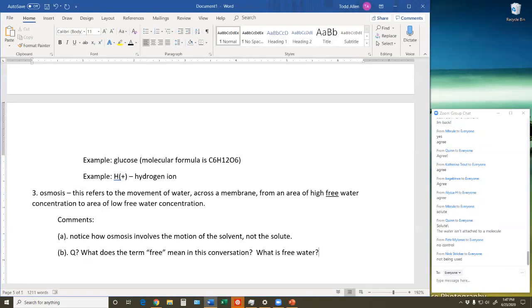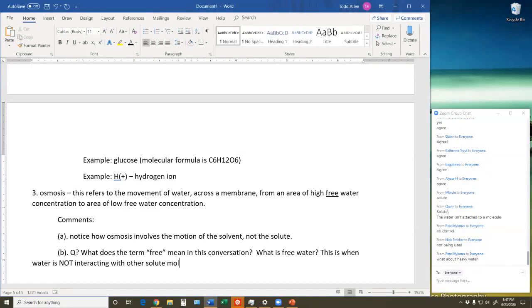So Gwen, you said something there that caught my attention. The water isn't attached to a molecule. That's exactly it. Free water means the water molecules are not interacting with another molecule. They're not attached in any chemical or electrically attracted way to another molecule. This is when water is not interacting with other solute molecules.